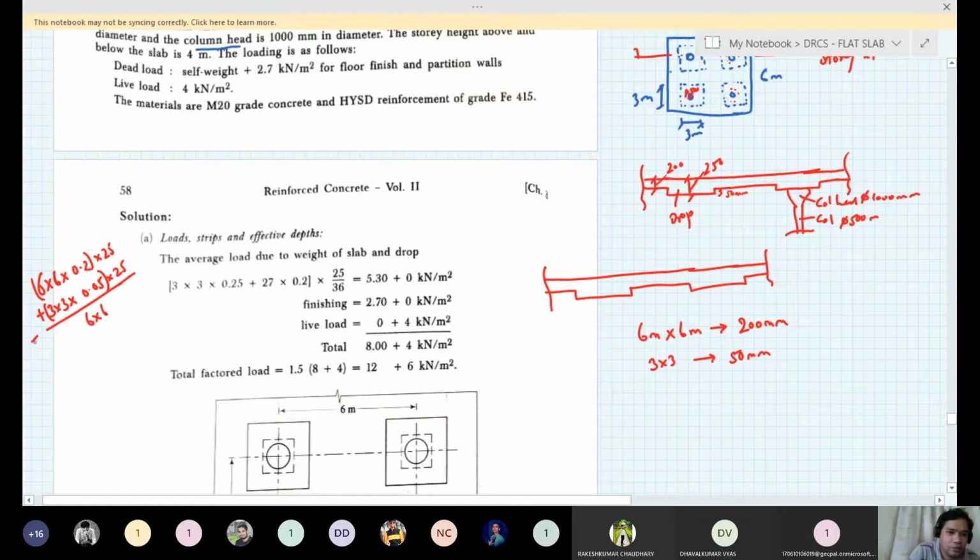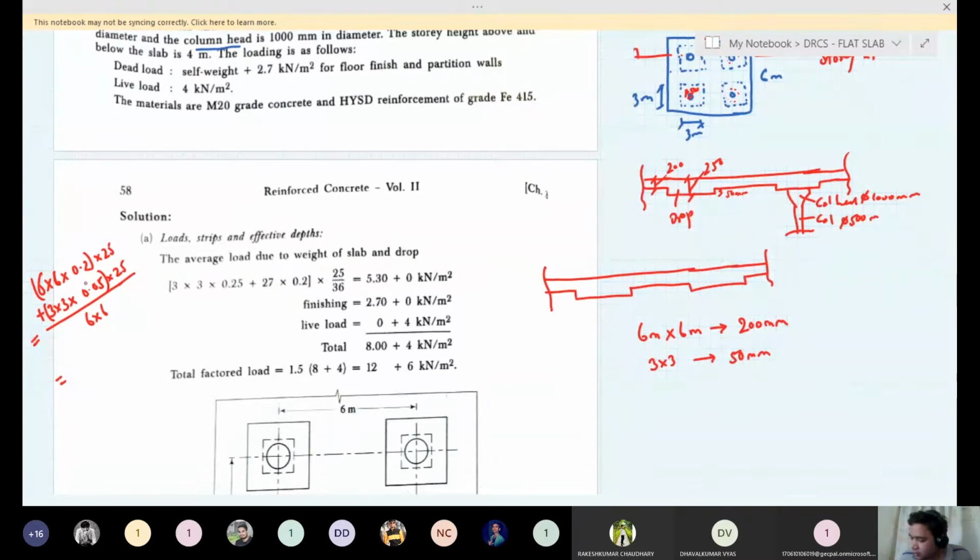So how much is this value? 6 into 6 into 0.2 into 25 plus 3 into 3 into 0.05 into 25, divided by 36.